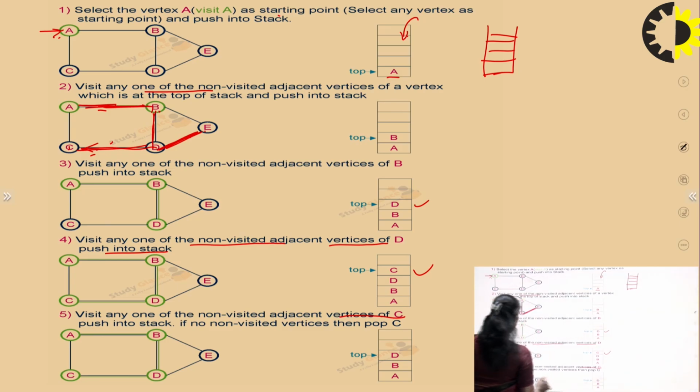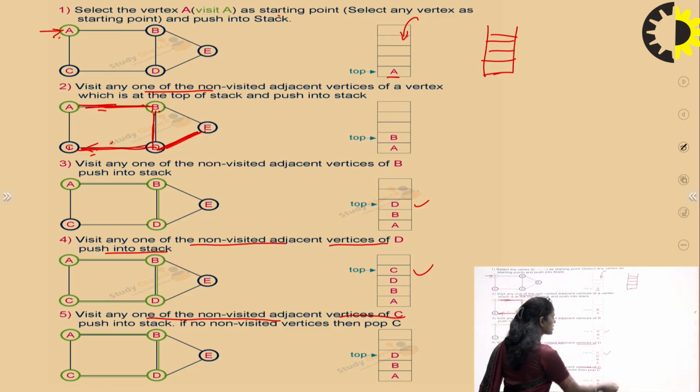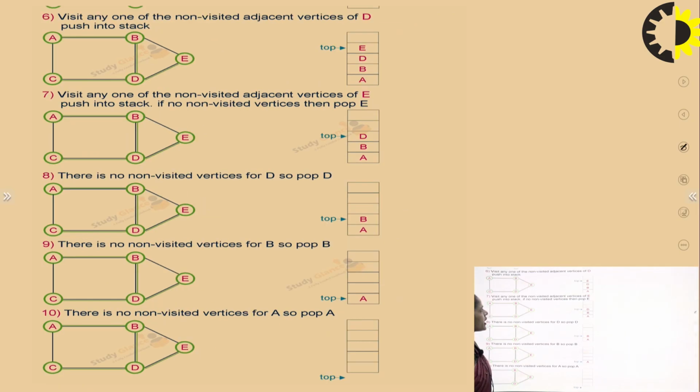So there is no need to visit this. If there are no unvisited vertices, then pop C. If we have no option to visit ahead, so basically we pop C. So C is deleted from the stack, and now again we have an option.